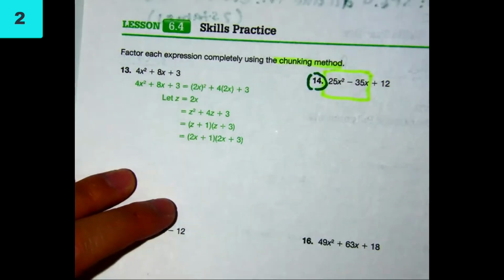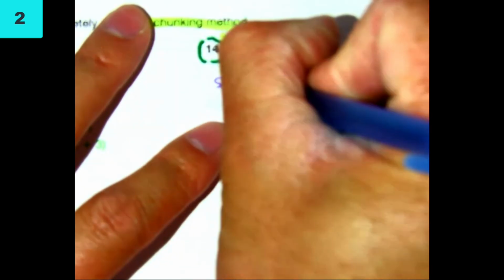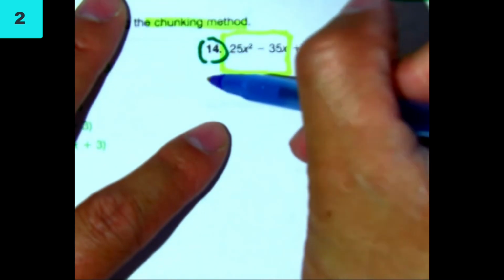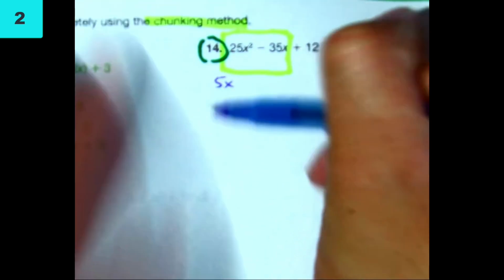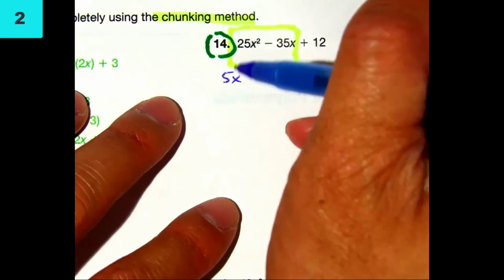All right, Raphael, what is the greatest common factor of our first two terms? 5x. Tell me what's right. Focus. Okay, now what?